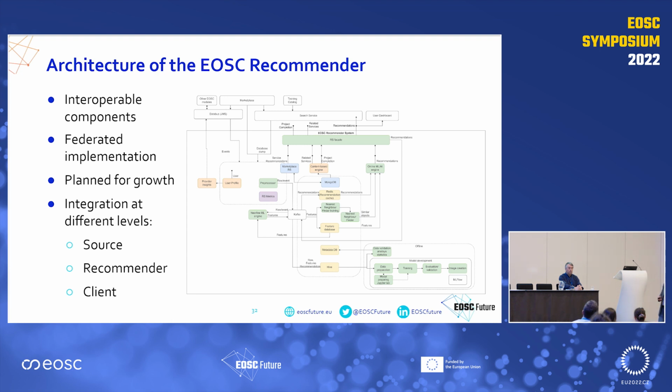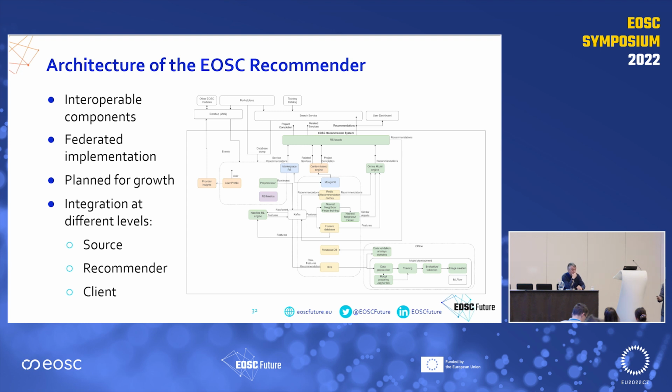Essentially, you could integrate at three levels. You could integrate additional sources of data: user actions, user profiles, and also of what is available. You could integrate on the recommender level, working on your own recommender, for example a recommender for the provider side, because this is the user-facing side.